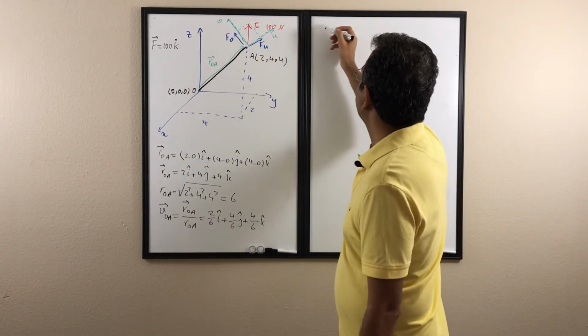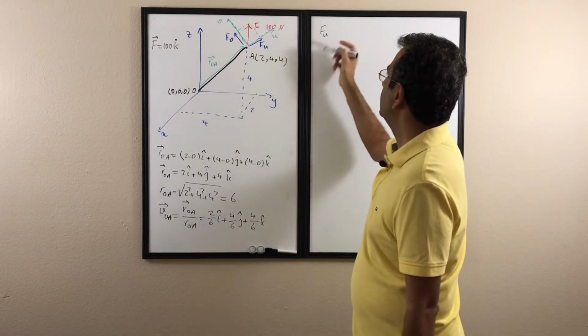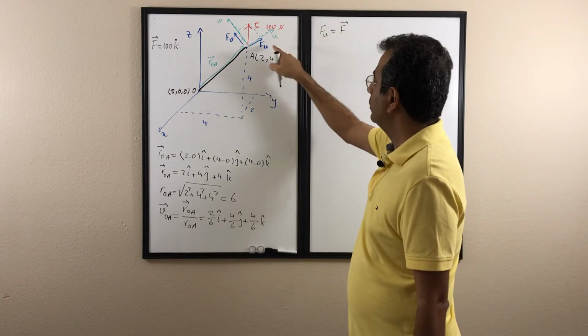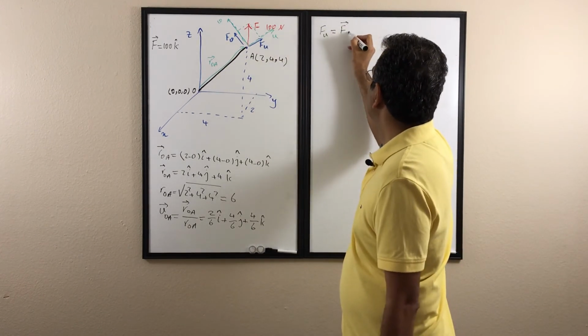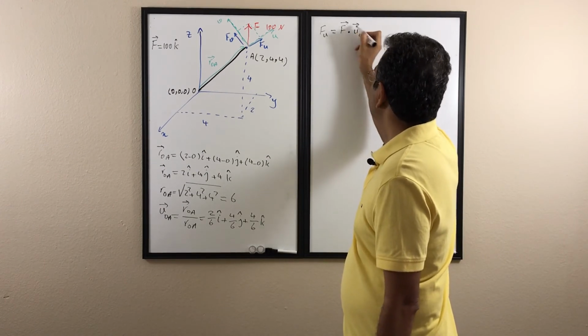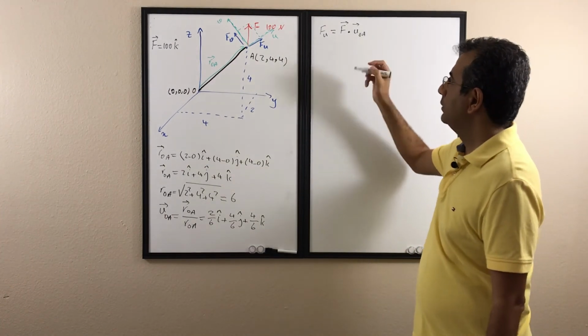Now we want to find F on the U axis. The magnitude of F on the U axis is the dot product of F and u_OA.